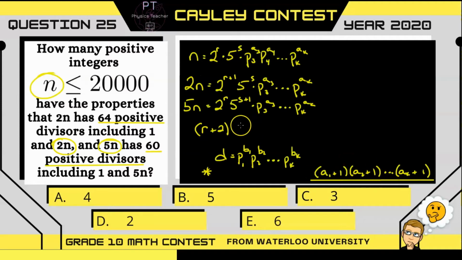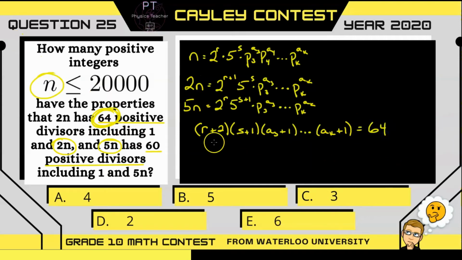We have to add 1 to each exponent and multiply them to give all the combinations of possible divisors. So we have s plus 1, and then a3 plus 1 times a4 plus 1, all the way up to ak plus 1. And that is going to equal, as they say, 64 possible divisors.